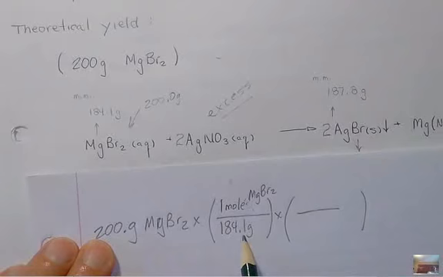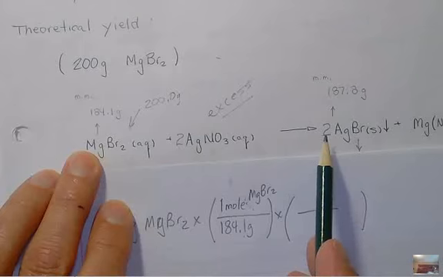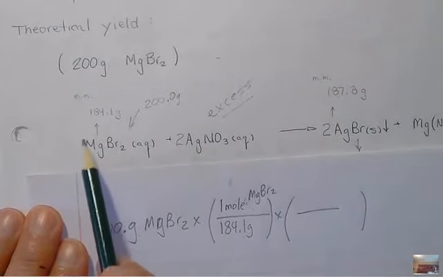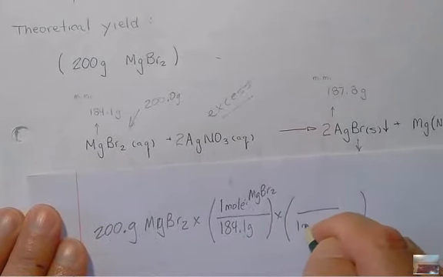Okay, right? Every one of these things we've been doing in the chapter, I'm taking a mass, I'm dividing it by a molar mass to get it into moles. What's in the middle? The relationship from the balanced chemical equation. For every 1 mole of these that goes in, 2 moles of those come out. So this one is an amplifier.